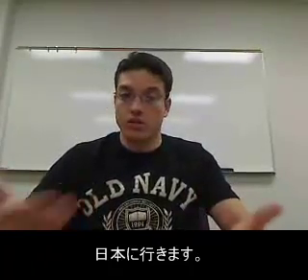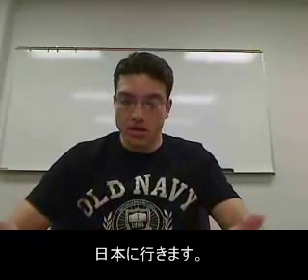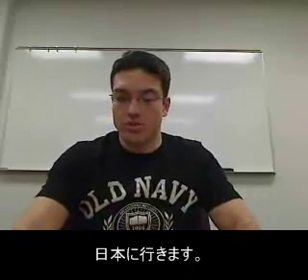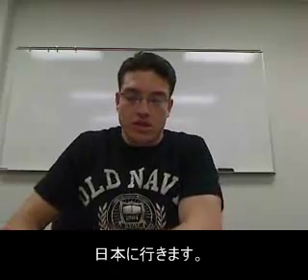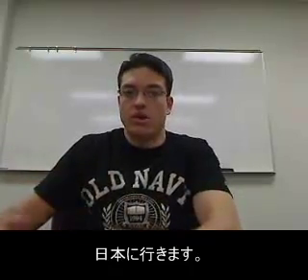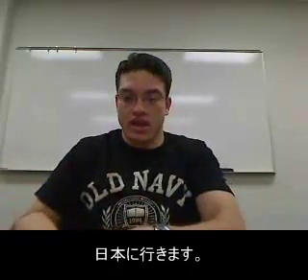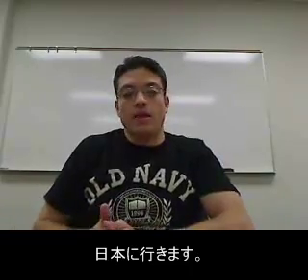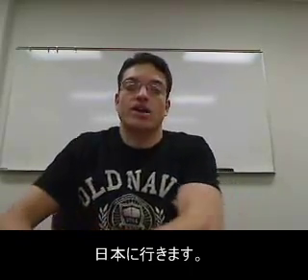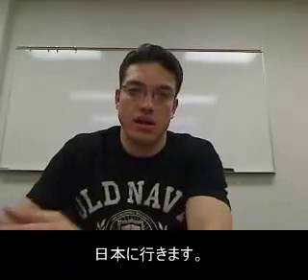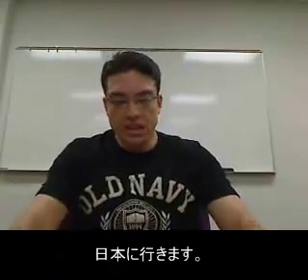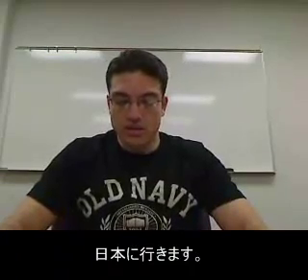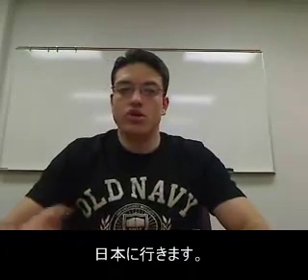So e is the place of direction. If you're in a place and the movement is being towards that, okay? And ni is the direction of movement, or where the action is being directed towards. Like you're not there yet. You're going towards it.